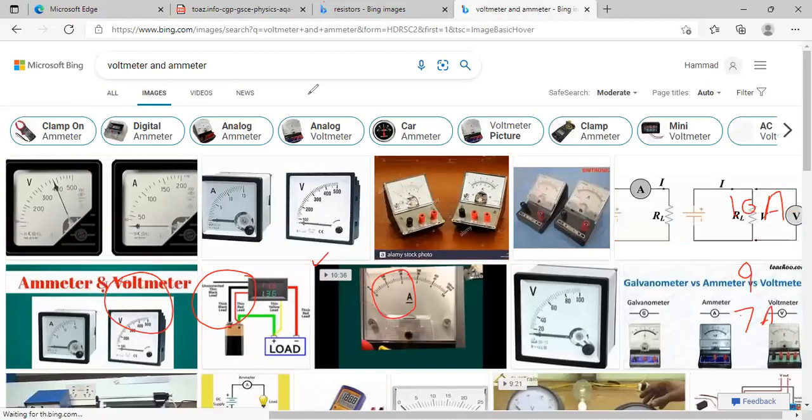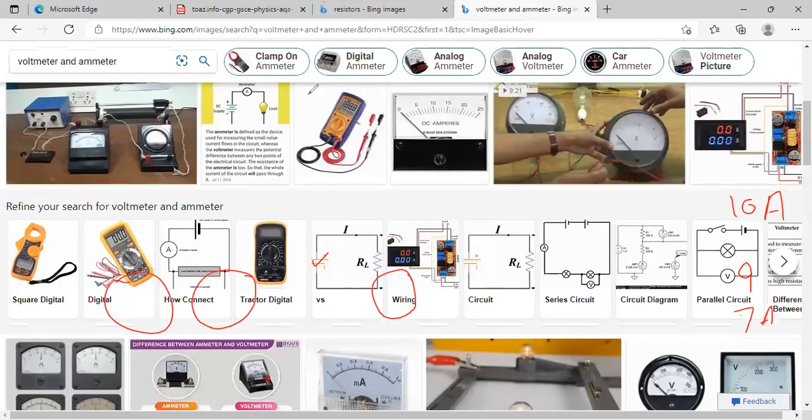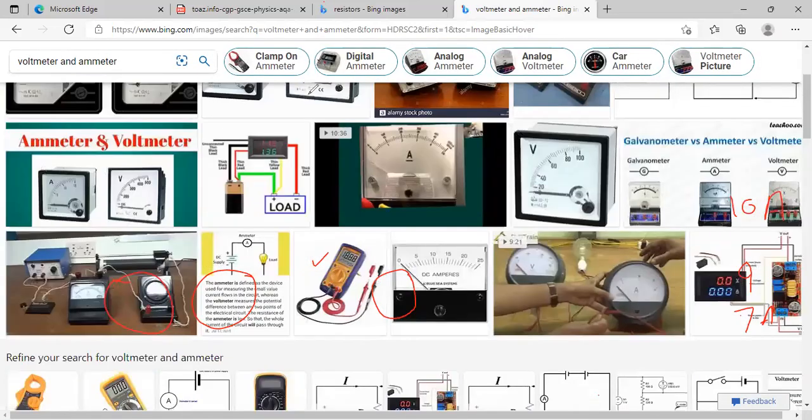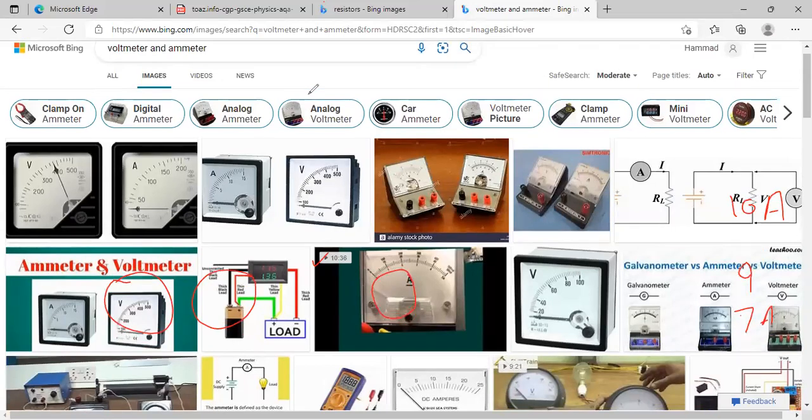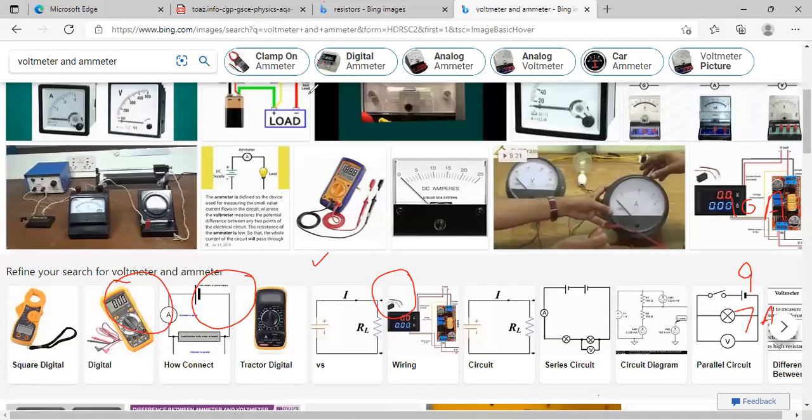So voltmeters and ammeters look like this. Now we have some digital voltmeters and ammeters as well. Previously, we had voltmeters and ammeters like that. Whenever these are connected in a circuit, they show the value of current passing through that circuit and the potential difference across that circuit. We used this in school before, so I hope you are familiar with these things.